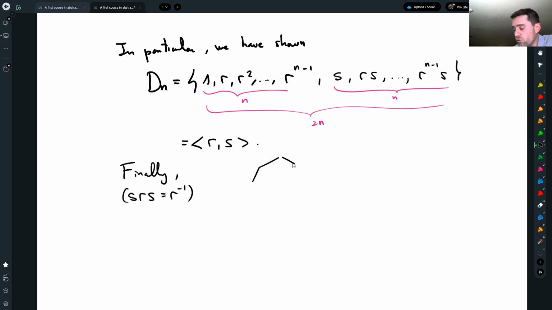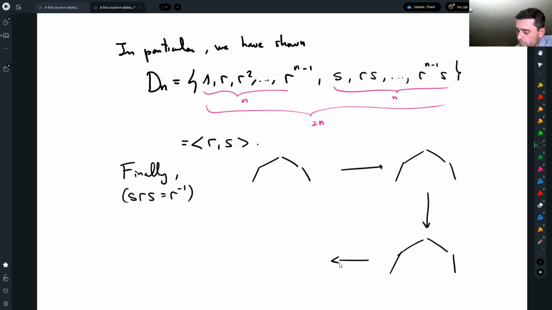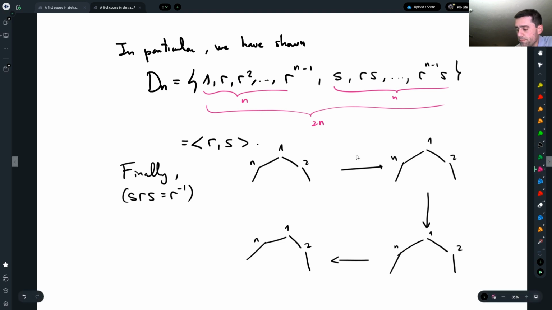So let me draw my polygons. So what happens, I start 1, 2, n, 1, 2, n, 1, 2, n, 1, 2, n. I'm going to start with S. Okay, I'm going to start my trip with S.